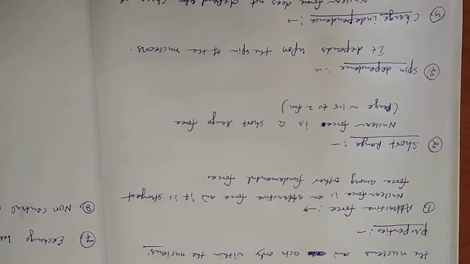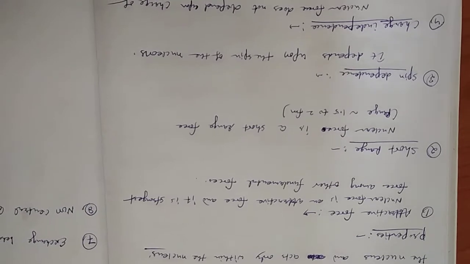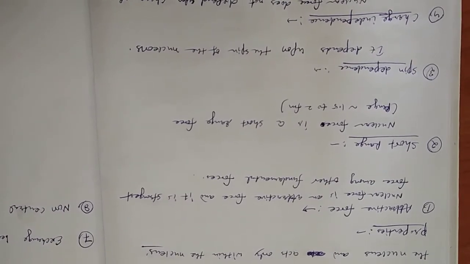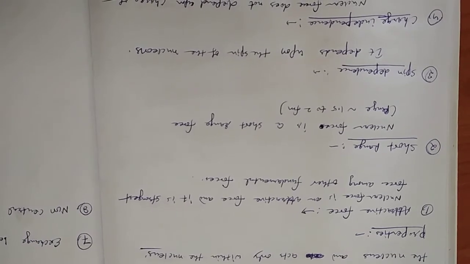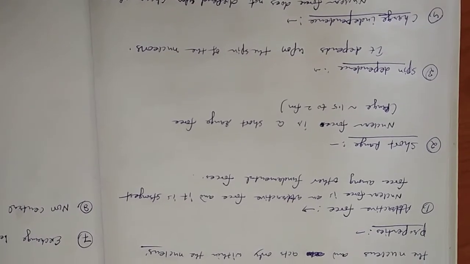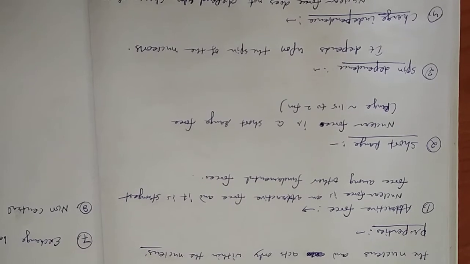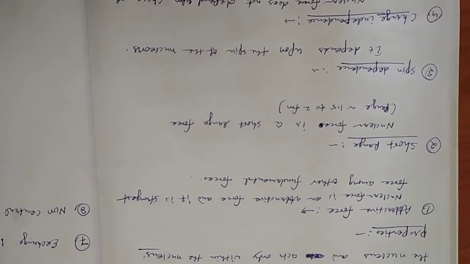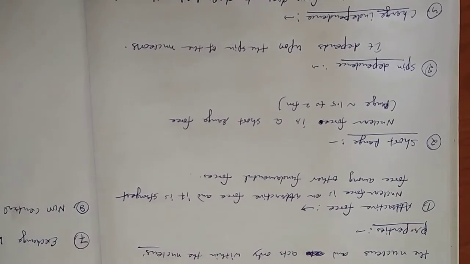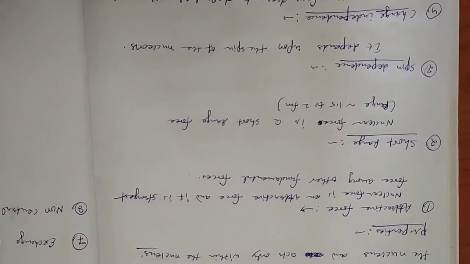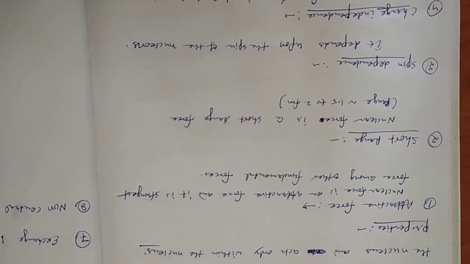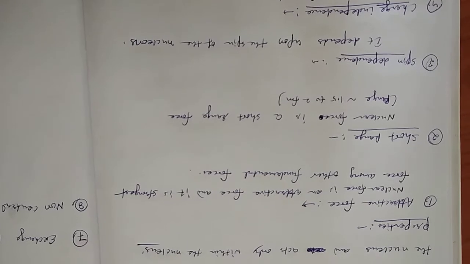Nuclear force is an attractive force, and it is the strongest force among the fundamental forces in nature. If I assume the strength of this nuclear force to be 1, then the strength of the EM force, electromagnetic force, would be 1 by 100.